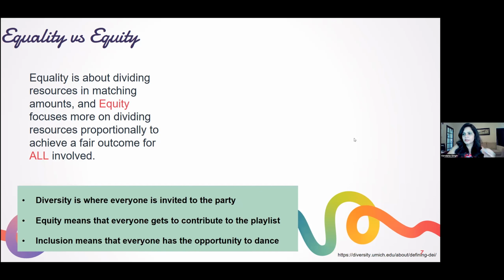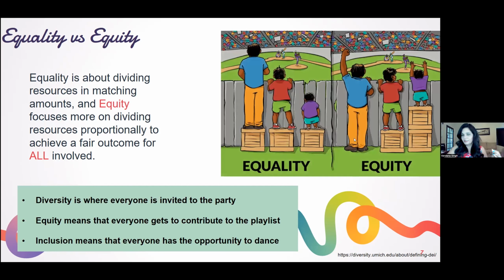If that sounds a little confusing, then here's an example of why equal division of resources might not give you the best results. So if you look at this picture, the first section shows equality, right? So it shows you three people trying to look at the game from the fence, and the little baby in purple shirt has absolutely no chance of seeing anything when the baby is also given the same resource as everybody else is.